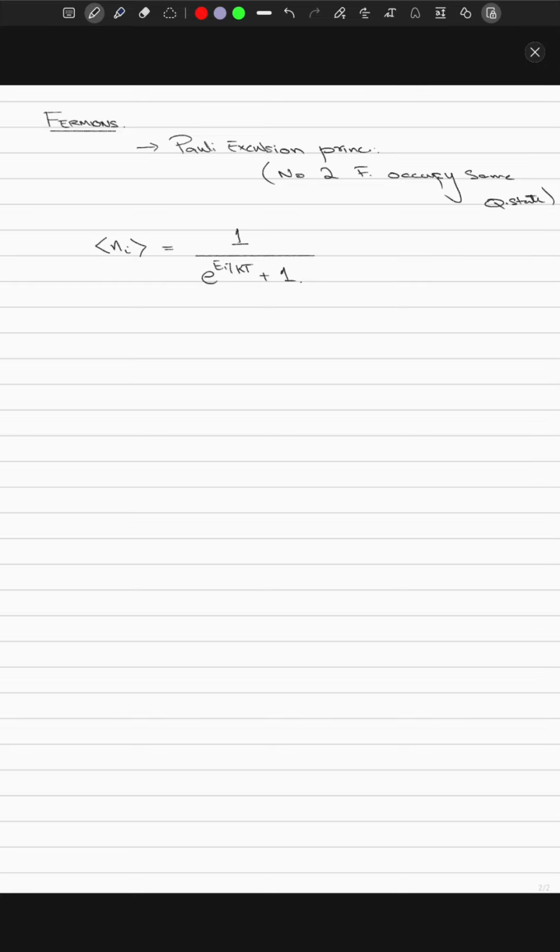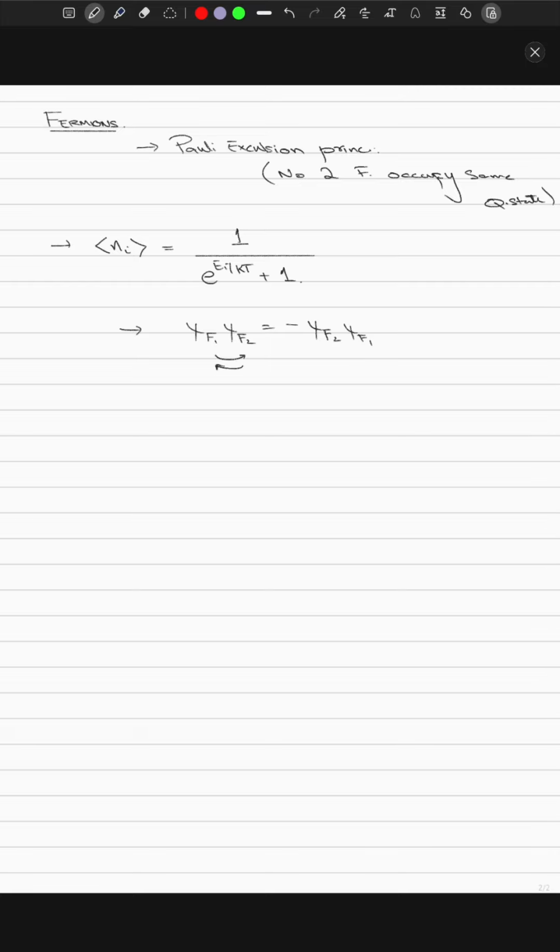Now, if I were to interchange the wave functions for these fermions, let's say you have a fermionic wave function psi f1 and psi f2, I would get a negative sign, and then psi f2 psi f1, right? This is a very important property for defining fermions.